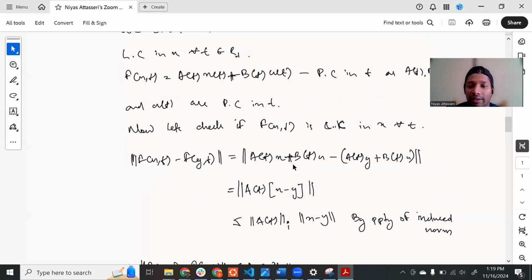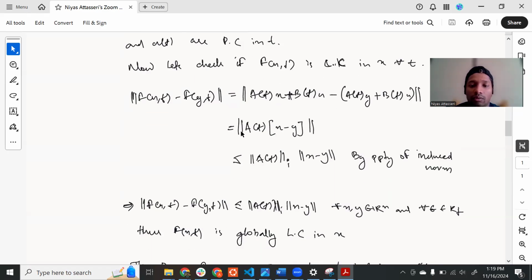So you only have A of t x minus A of t y, which can be written as A of t multiplied by x minus y, because it's a vector equation. Now, this can be bounded by the induced norm of A of t. That's the induced norm property, where this expression has a maximum value of the induced norm of A of t multiplied by the norm of x minus y.